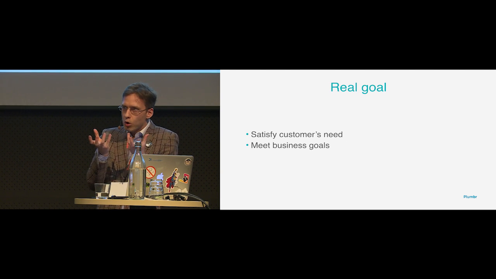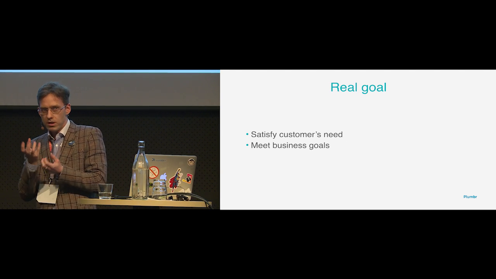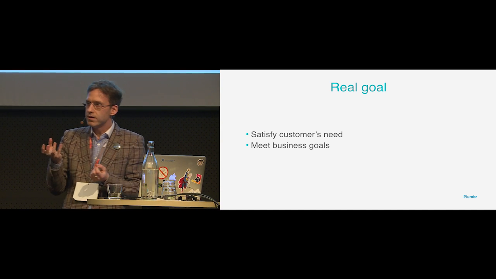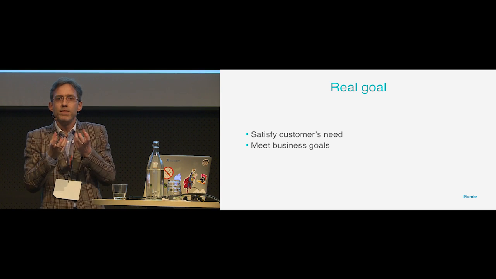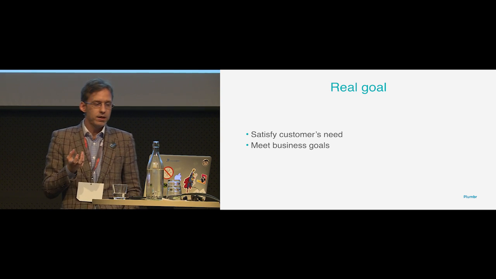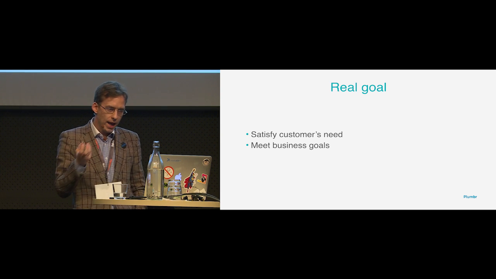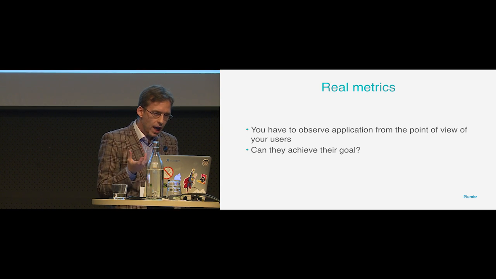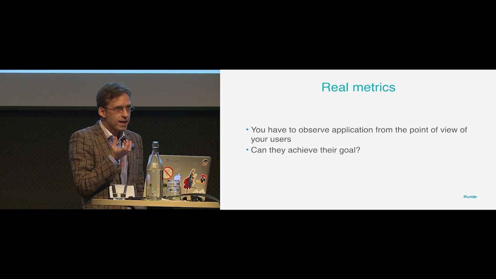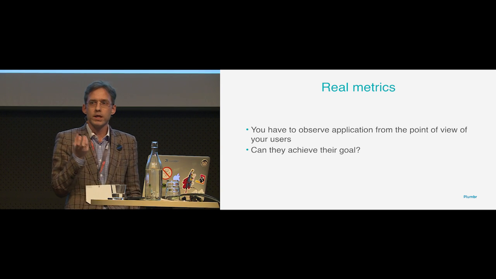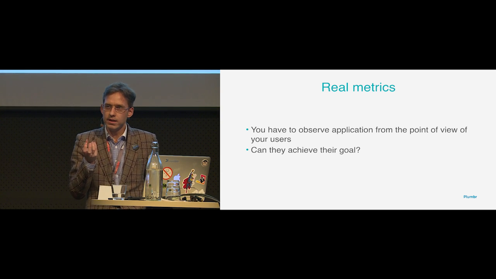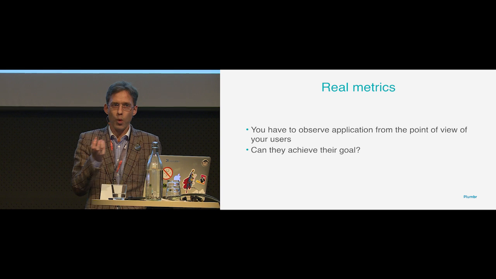You have a real goal for that application. Some real goal to satisfy your customer's need, to meet some business metrics or business goals. And so when you want to understand if your application is good or bad, what you really have to do is to observe that application exactly from the point of view of your application goals. Why does this application exist?